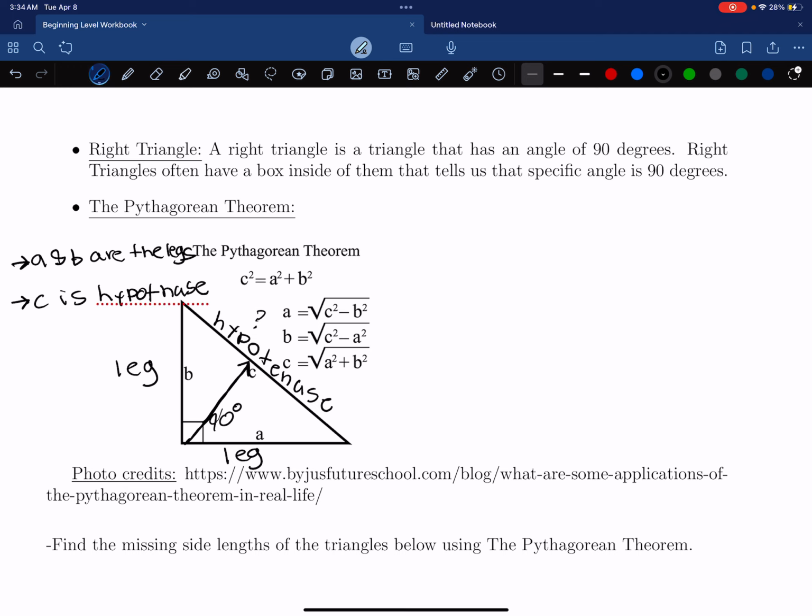And then before we work through some examples, I know this is a lot to take in, but it's not too bad once we get through some examples. We'll get some practice. Let's go through the characteristics of a right triangle.